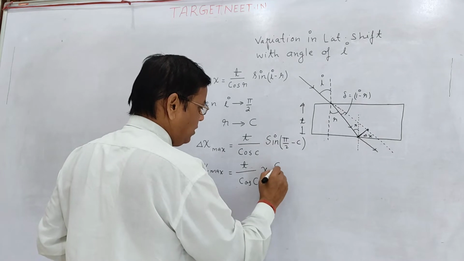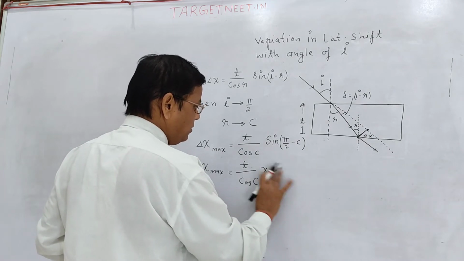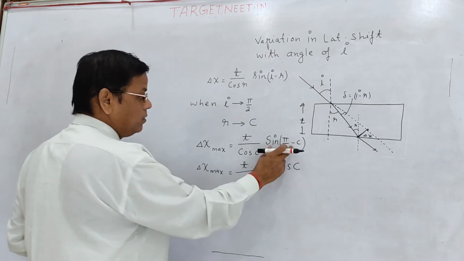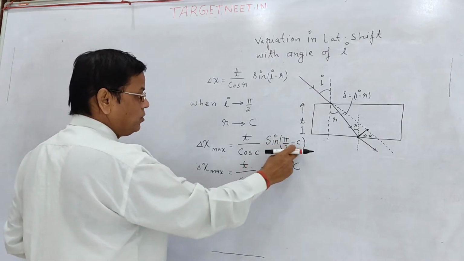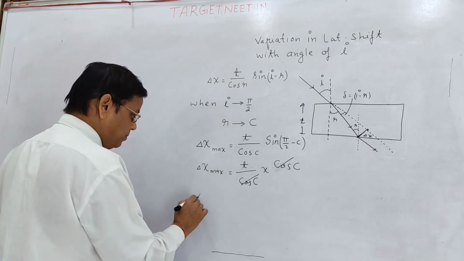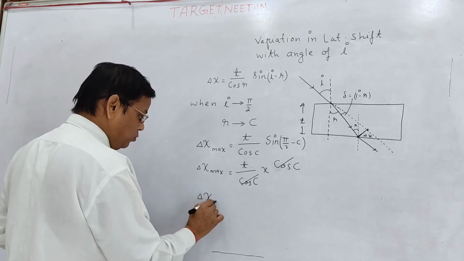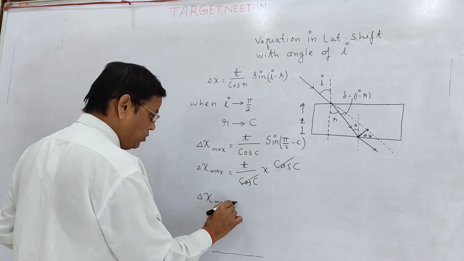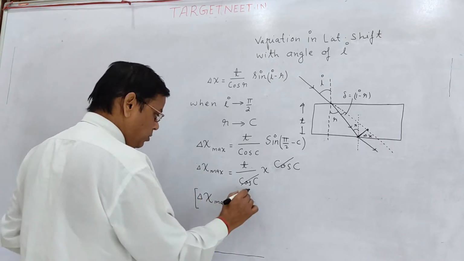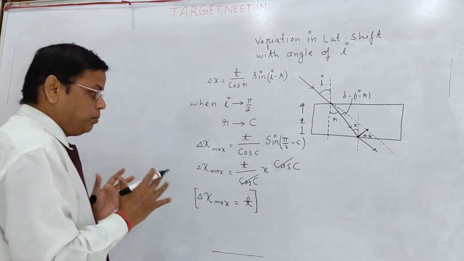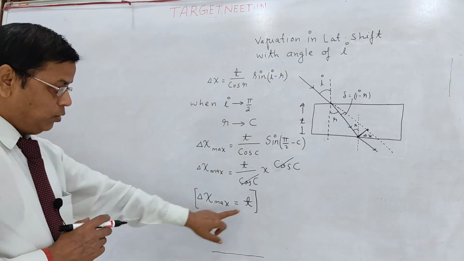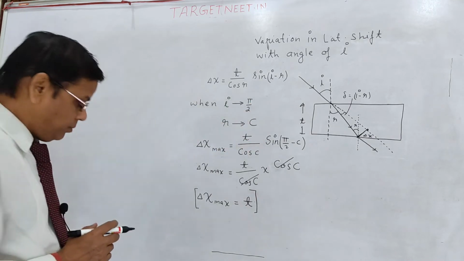So here I can write this as cos C. Sin(90 minus theta) is cos theta. So this cos C is cancelled. So the maximum value of lateral shift is equal to the thickness of the glass slab. So remember this result. This is the maximum lateral shift possible, and that is equal to the thickness of the glass slab.